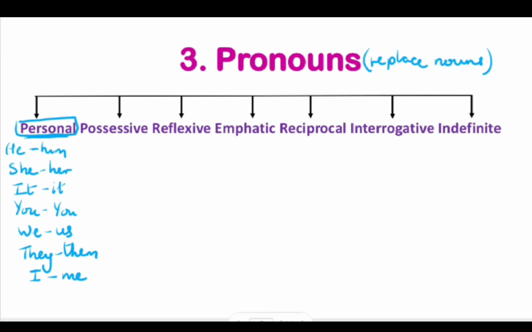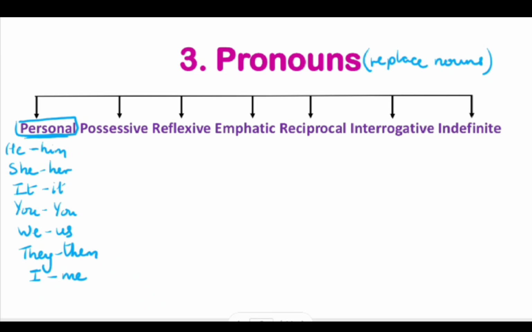Now, coming to possessive pronouns. Let's link it to our personal pronouns only. Now, there is a small little confusion between possessive pronouns and possessive adjectives.